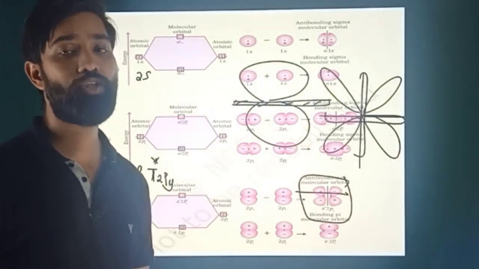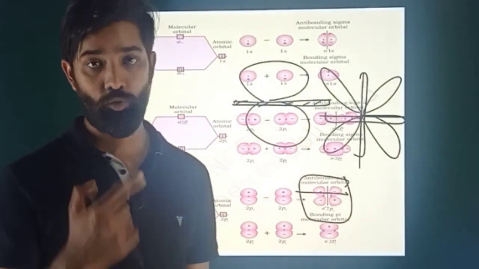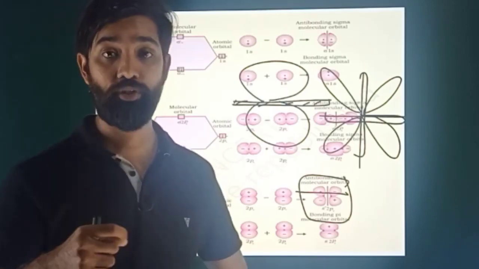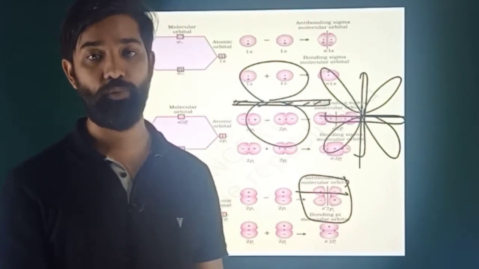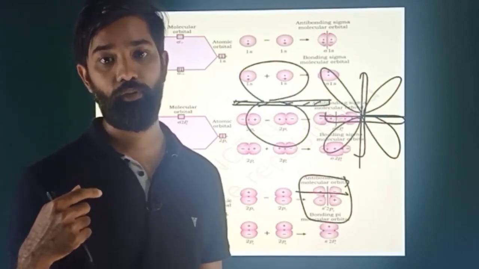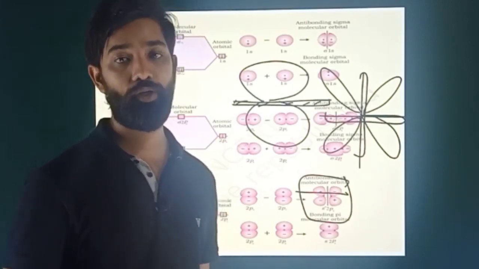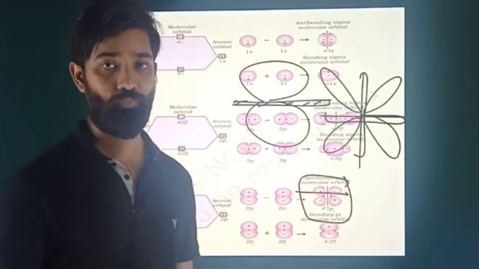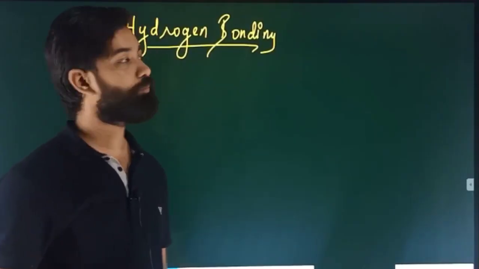So next, the last topic is hydrogen bonding. We want to discuss the van der Waals force, the special category of van der Waals force called hydrogen bonding here, and the dipole-dipole interaction, London force, and ion-dipole and dipole-induced dipole interactions are all discussed in your States of Matter chapter. Next is hydrogen bonding.